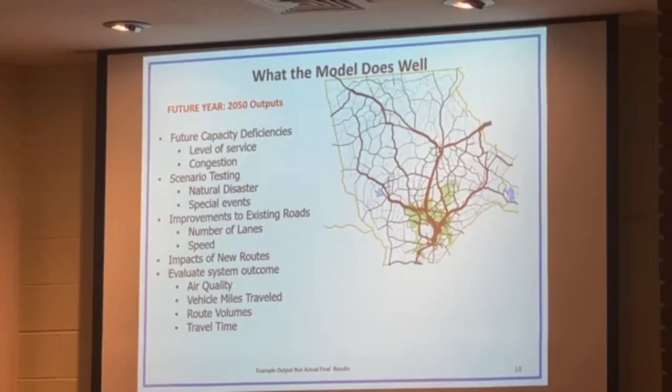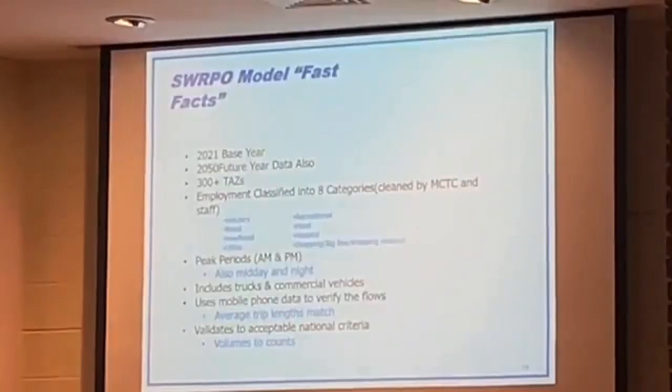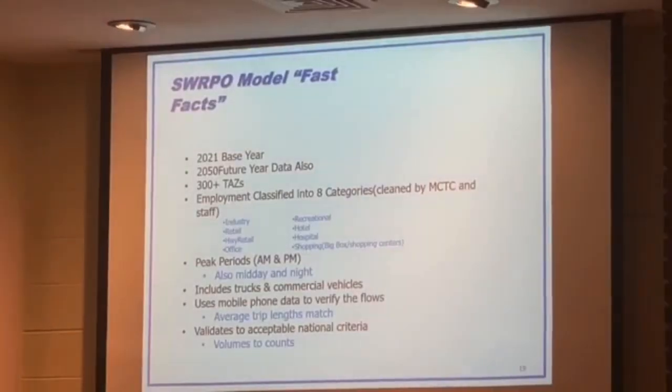We should be able to answer the question. We have selected 2050 as our future year. We have 300 plus traffic analysis zones. So we basically use Southwestern RPO, and based on the census block borders, we selected 300 traffic analysis zones. We are using employment data, with 8 different categories.